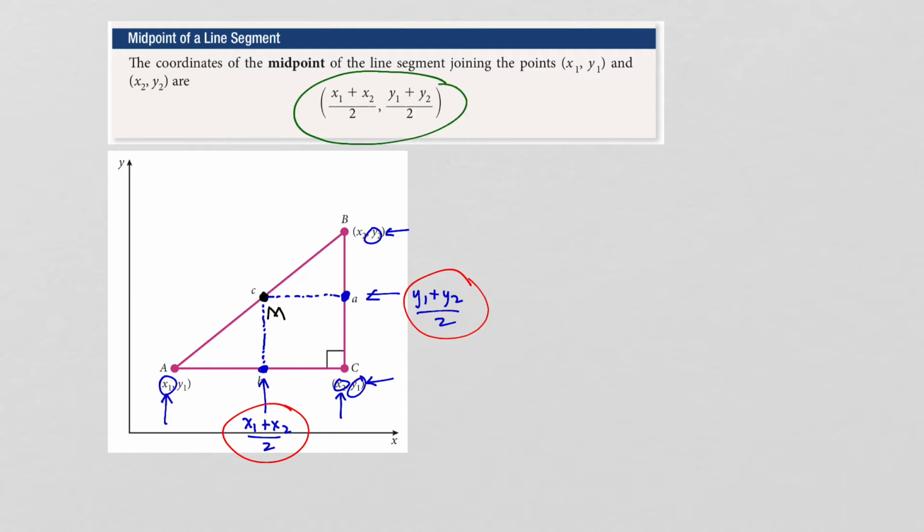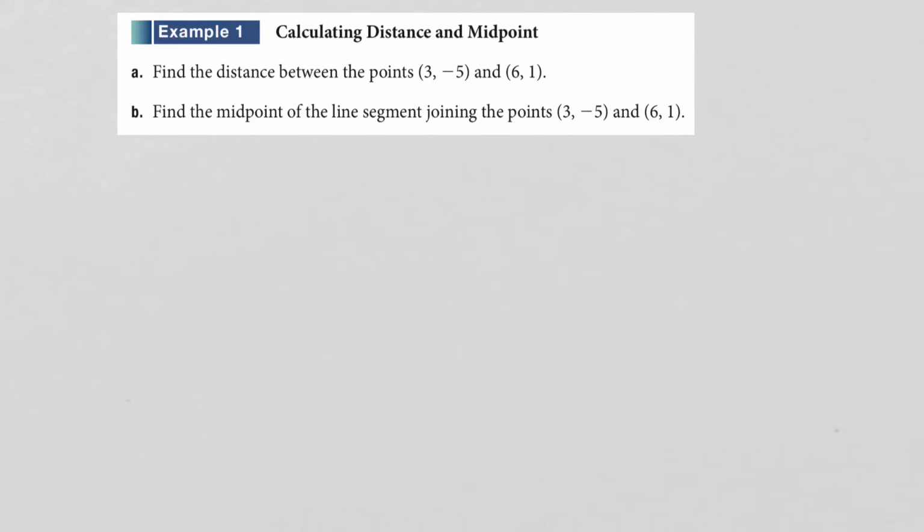So let's do an example. In this first example, we are going to find the distance between the 2 points (3, -5) and (6, 1). So what I like to do is take each of those points and write one above the other. So I'll take the first point and write it down, and the second point, write it below it.